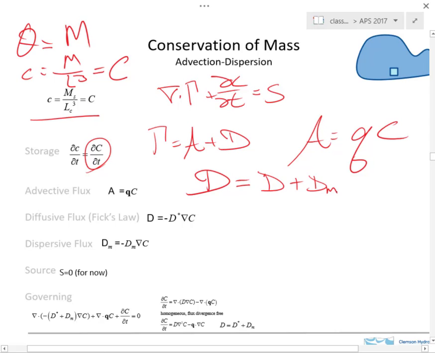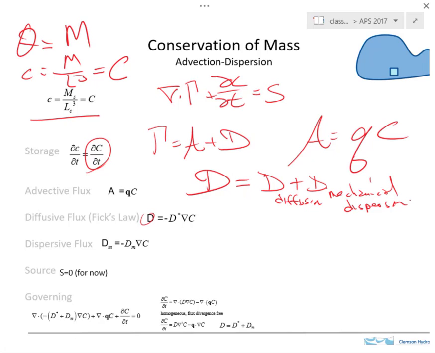Okay, this is, let's call this D from diffusion, and this is from dispersion. Let's call it mechanical dispersion. So just the mixing that we've been talking about from the separation.